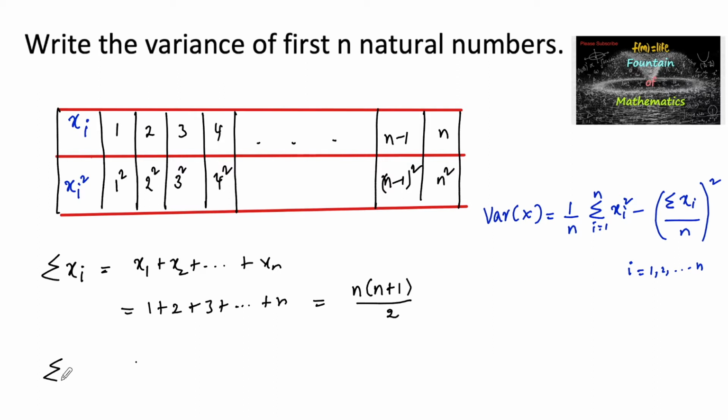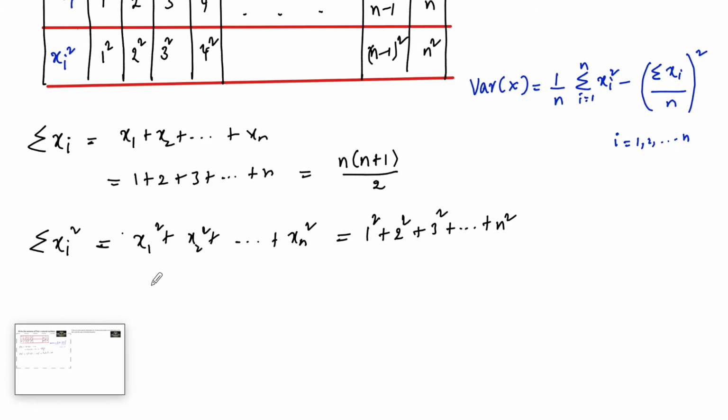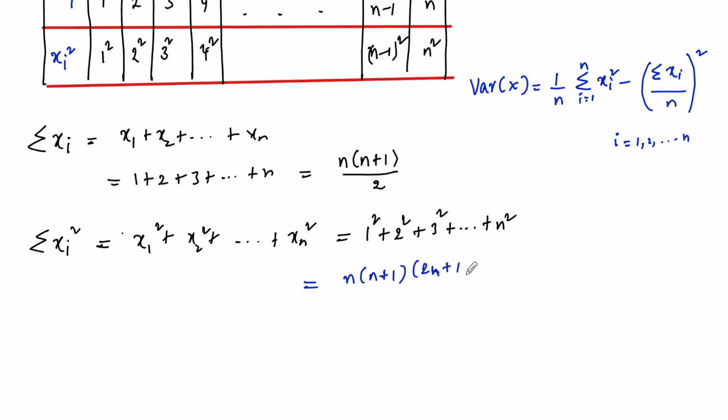And then summation xi square, where i is equal to 1 to n, that is x1 square plus x2 square plus and so on xn square, which is equal to 1 square plus 2 square plus 3 square and so on n square, the sum of the squares of first n natural numbers. We had a formula n into n plus 1 into 2n plus 1 upon 6.